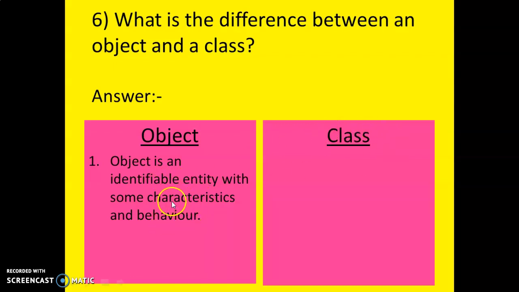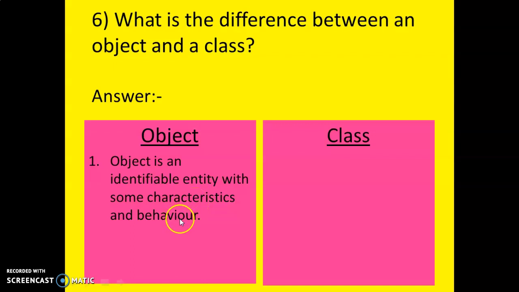Suppose you take one example of an object, a table. So a table has some characteristics. Characteristics means its color, its material, like a wooden table, brown color, its cost, that means price, or company name, size. These are the characteristics of a table.